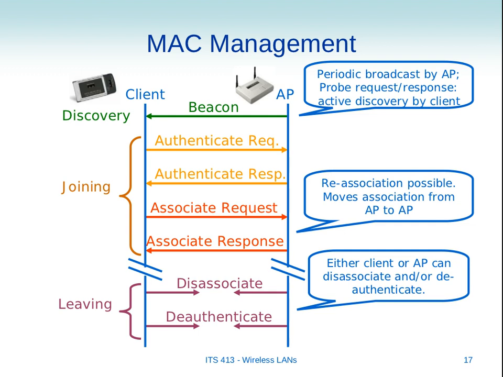So we transfer data, and at the end, when we want to no longer transfer data, we may disassociate or deauthenticate from either side. The access point may kick me off the network by deauthenticating my client, or I may leave the network using either of the messages.